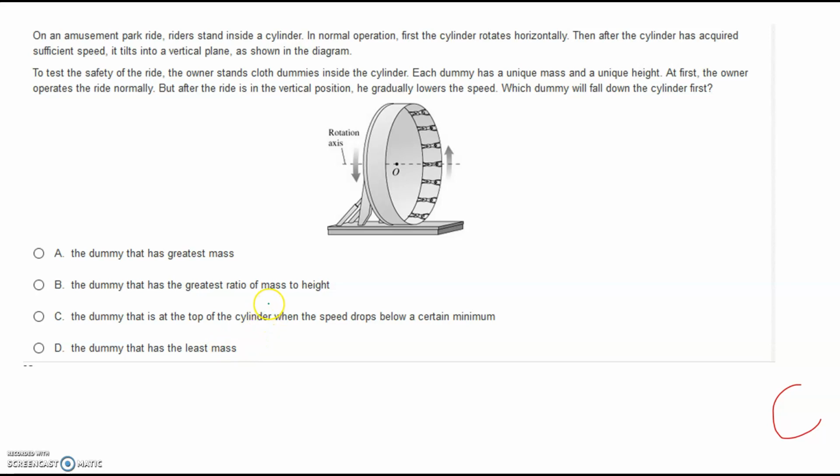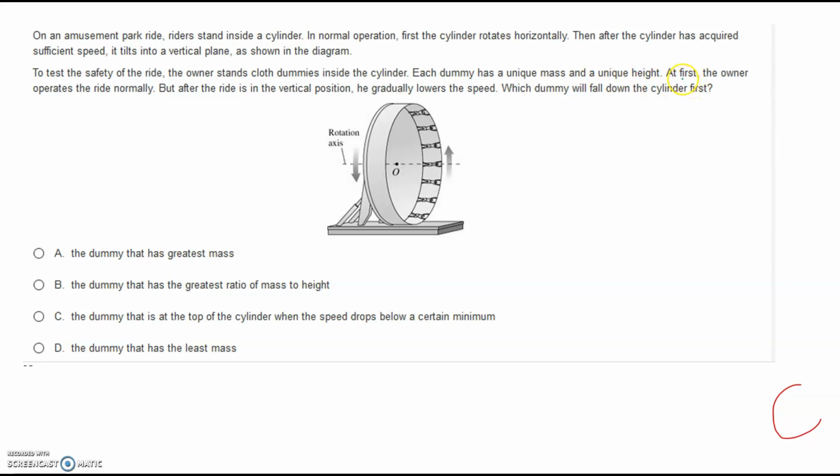All right. Oh, this one I have literally no work for. I just thought it out. So he's talking about this ride. If you've ever been on these, they're awesome. It says to test the safety of the ride, the owner stands cloth dummies inside the cylinder. This is just encouraging. Each dummy has a unique mass and unique height.